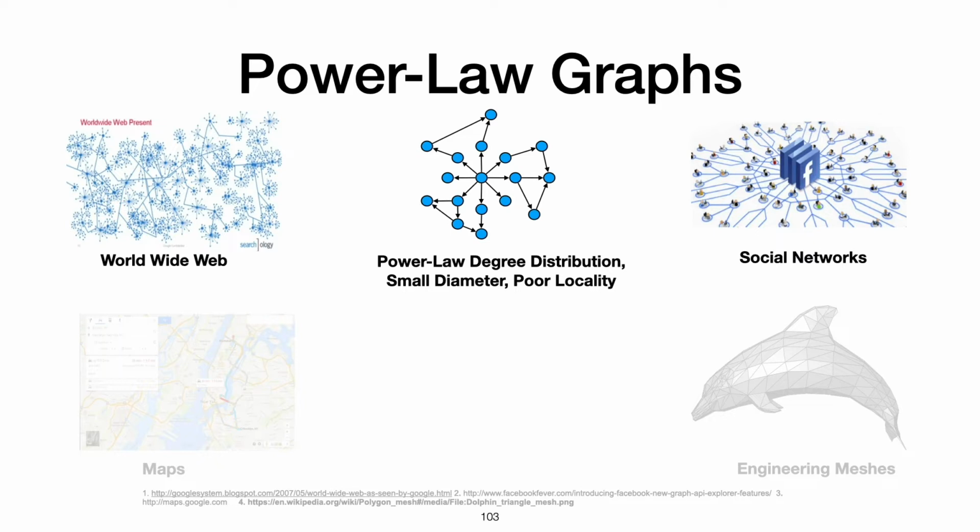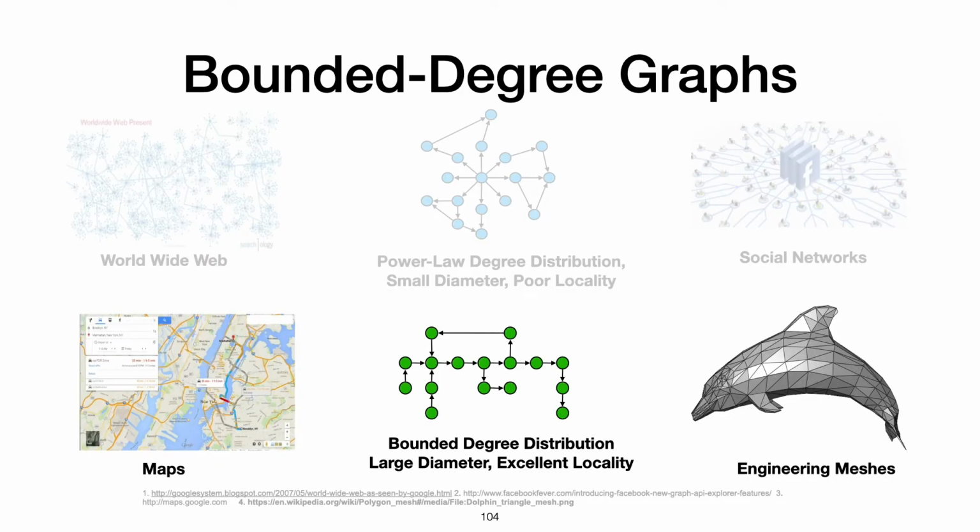These graphs have very different properties from, for example, bounded degree graphs, such as a map or engineering mesh, where each node has only a few connections. There's a lot of locality in these connections. So these graphs behave very differently when you want to get good performance.